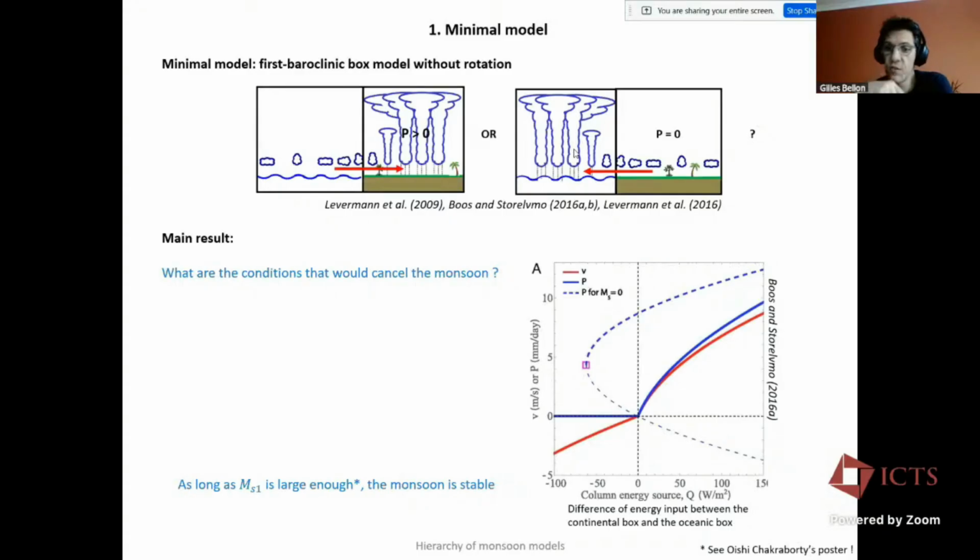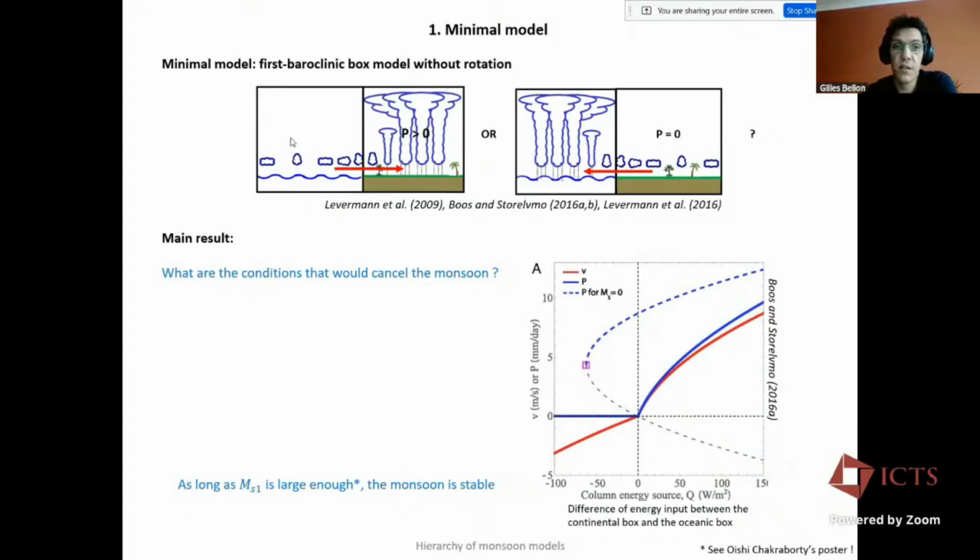Well, I think Boos and Storelvmo actually gave a very convincing answer, where they said essentially the energy input in the atmospheric column, if it is larger over ocean than over land, then we'll have precipitation over the ocean. And if it's larger over land than over ocean, then we'll have precipitation over the continent.